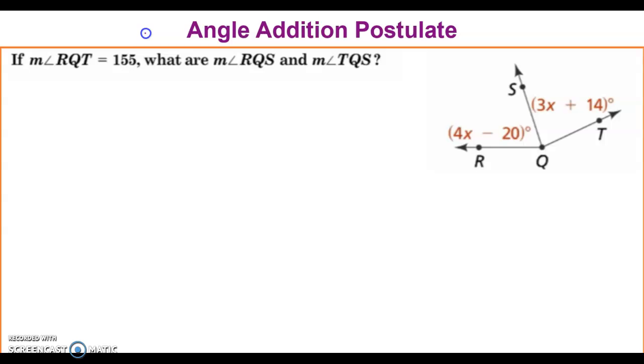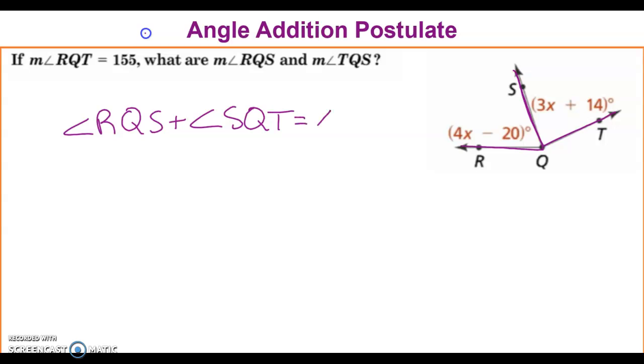So in this case, we have the smaller angle RQS, plus the other smaller angle, angle SQT, it should equal the angle that combines them, that large obtuse angle RQT.